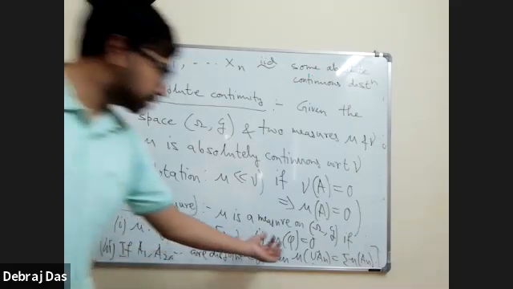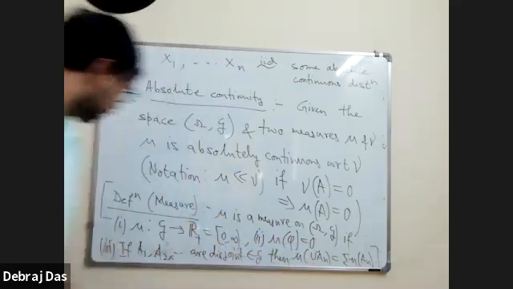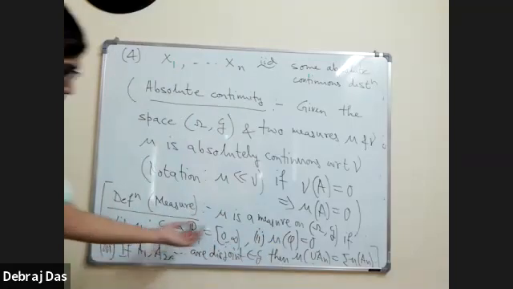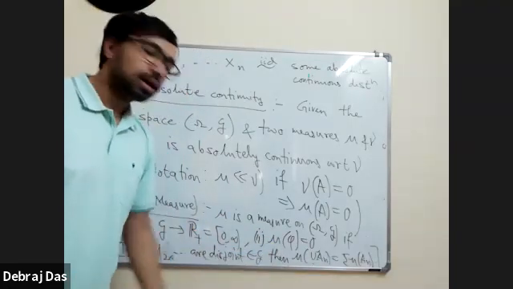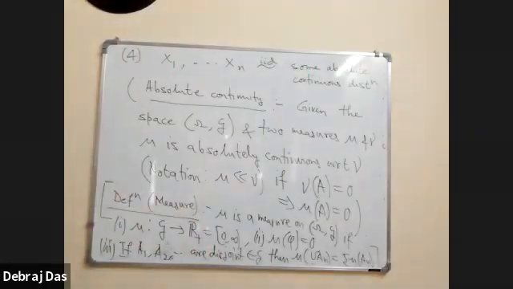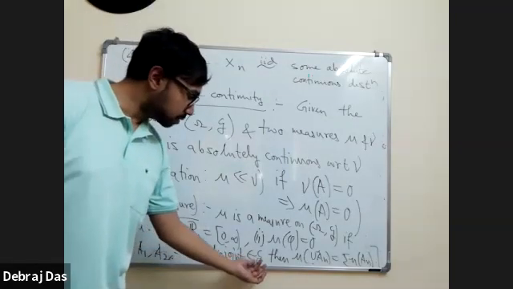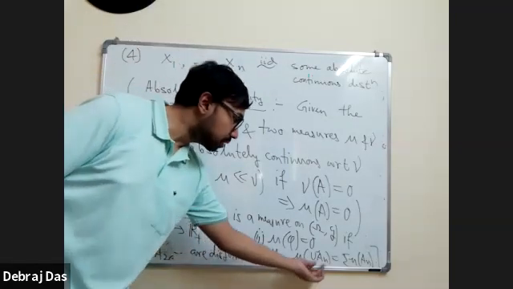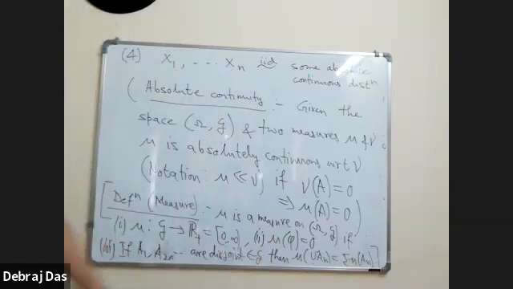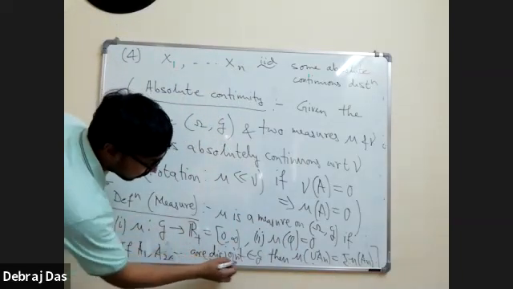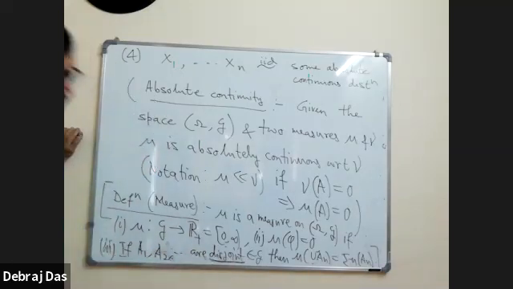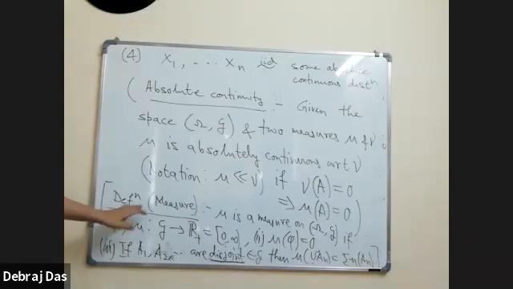Second, the measure of the null set is 0, and third, the measure mu is countably additive. So that means if you have a sequence of disjoint sets belonging to script G, then mu of the union of A_n is simply the sum of mu of A_n. The important thing is that the sets should be disjoint. So this is the definition of a measure.